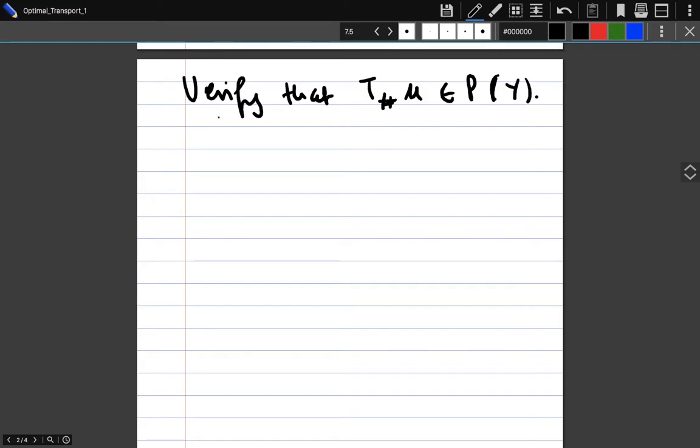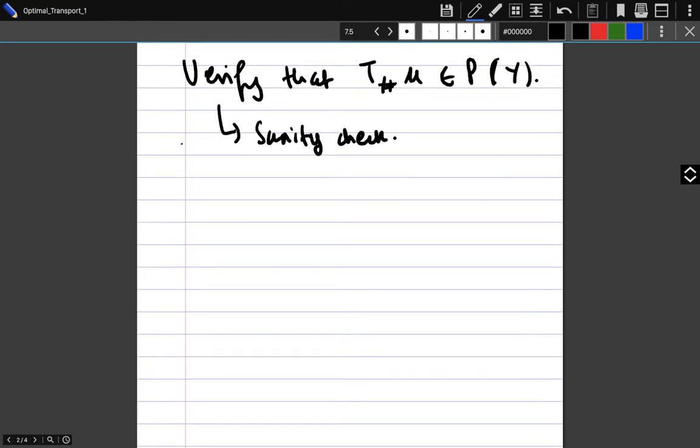Of course you can walk through all the steps to check this, but just a quick sanity check. We know that the probability of the set Y should be 1. Otherwise, it doesn't make sense for it to be called a probability measure. So let's compute that as a basic step.